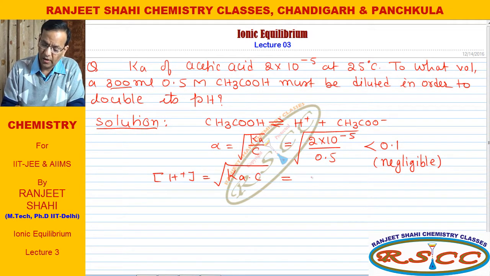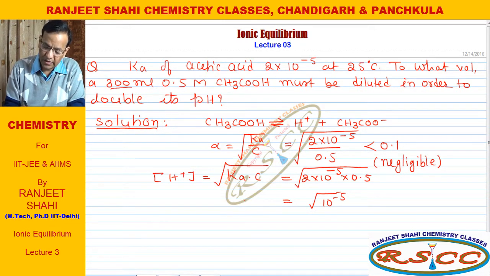So it will be Ka, 2 into 10 raised to the power minus 5, into C, 0.5, and whole is under root. So it is 2 into 0.5, 1, so root under 10 raised to the power minus 5. That is the concentration of hydrogen ion of the original solution.